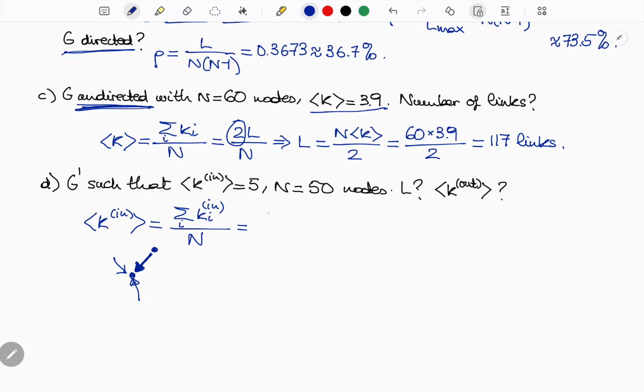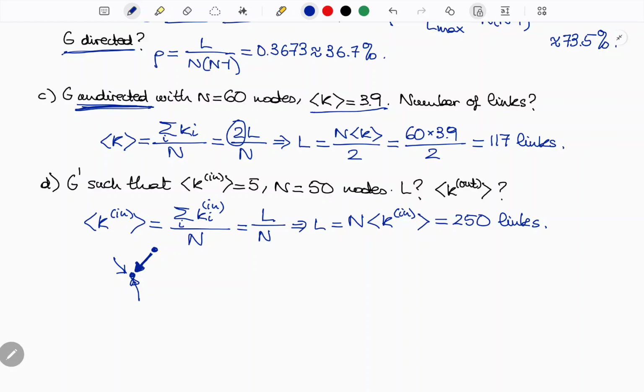So this is exactly the number of links divided by n. So the number of links in this case is equal to n times this average in degree, which is 5 times 50, which is 250 links. So this is the number of links of this network.